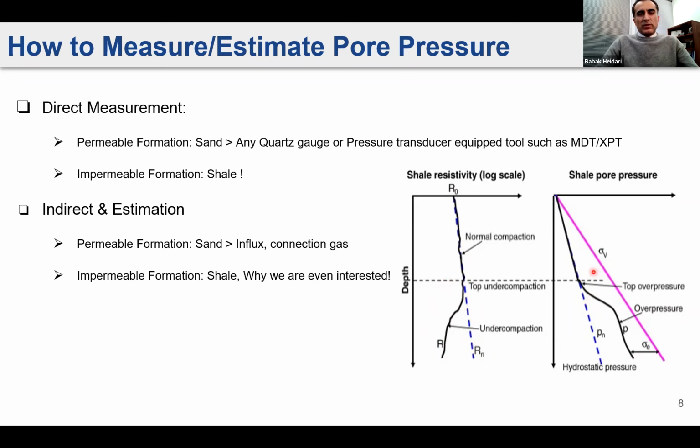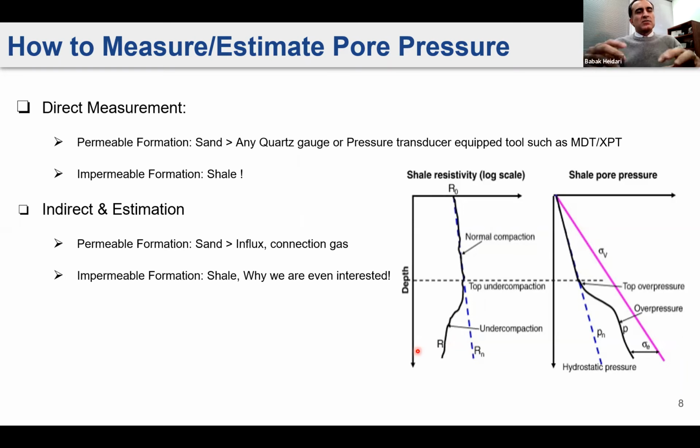You can see the overpressure here. And this is only valid in the shale interval. It is not for the sand, but the sand body, which imagine is sitting here, is a good assumption to be in an equilibrium state with the adjacent formation.